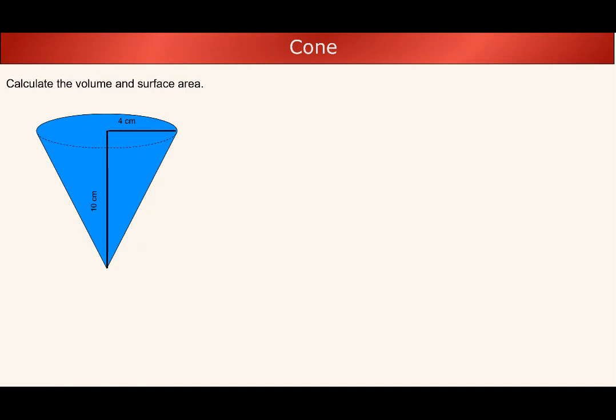Now, I don't even know the reason for this, but the volume for anything that comes up to a point, like this cone shape, is equal to the area of the base, so the area of the base being a circle, pi r squared, times the height, just like with a cylinder, but divided by 3.